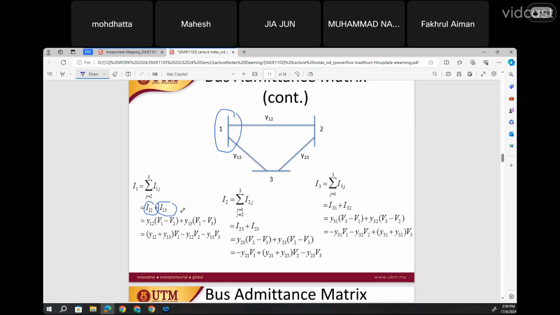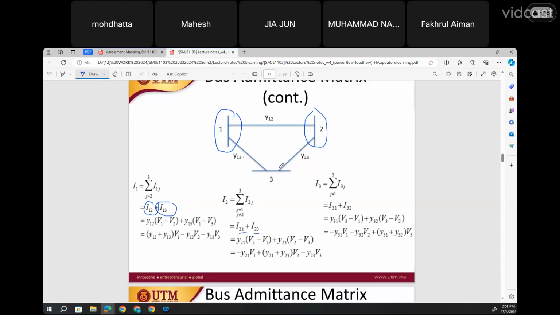Later we discuss what happened over here. Let's go to another bus bar. We have the connection from bus 2 to 1, and we have 2 to 3. So that's why you have I21 and also I23 over here.